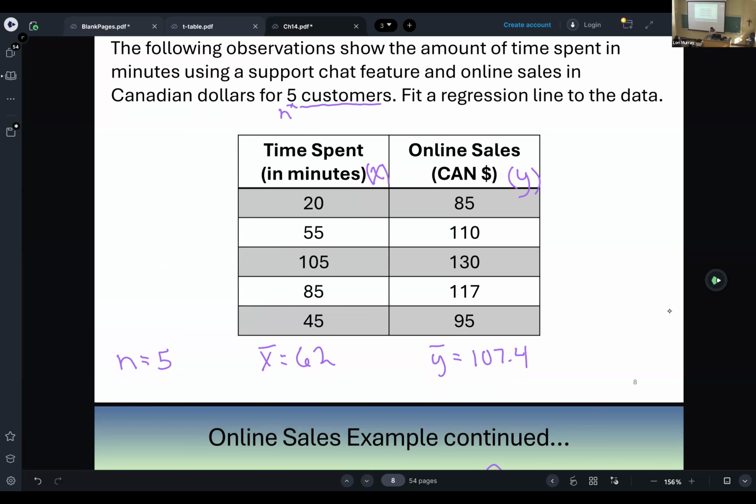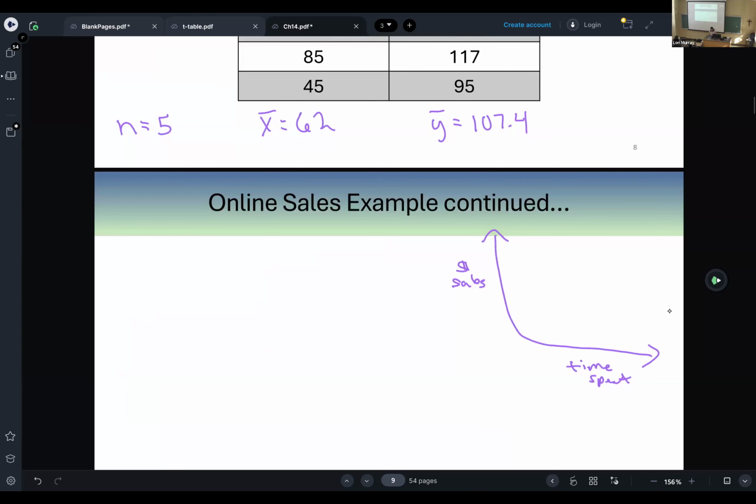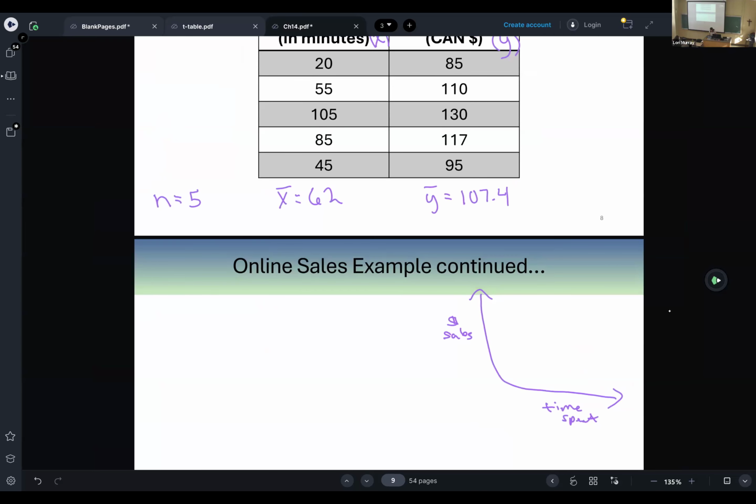5 customers. And we're going to fit a regression line, but I always like to do a quick sketch of this. So let's see if I can draw this. Our minimum is 20, and this is starting at 85. So let me do something like that.